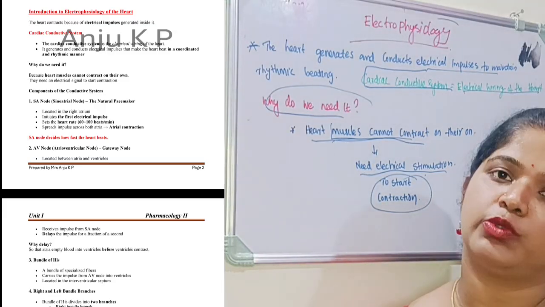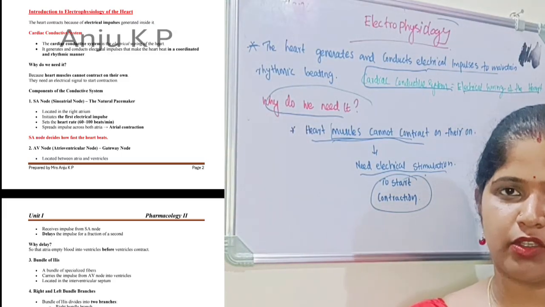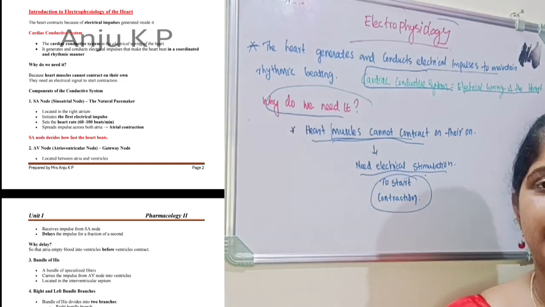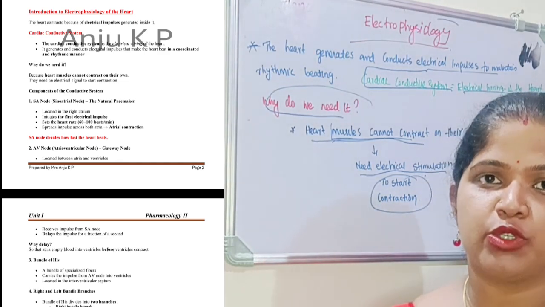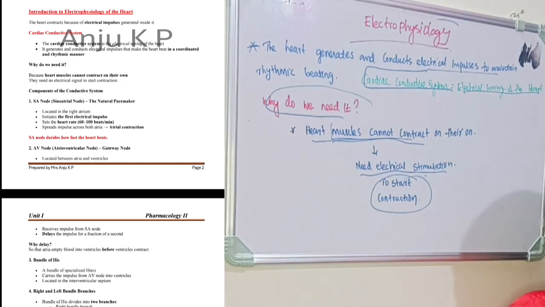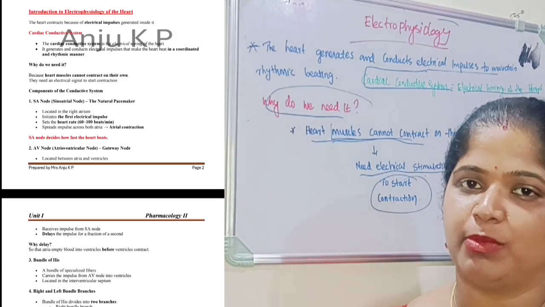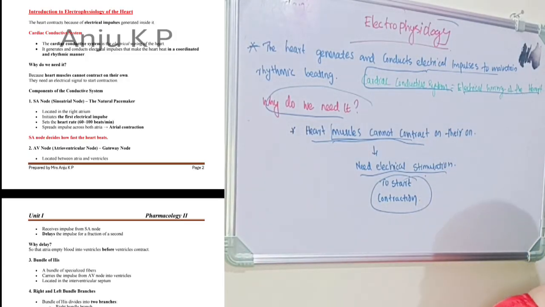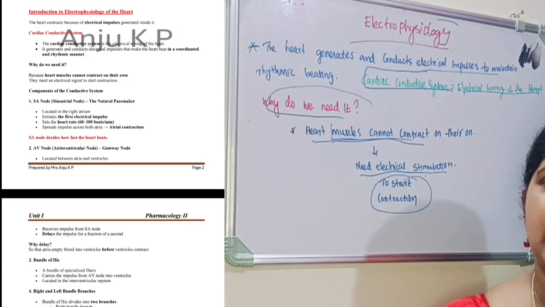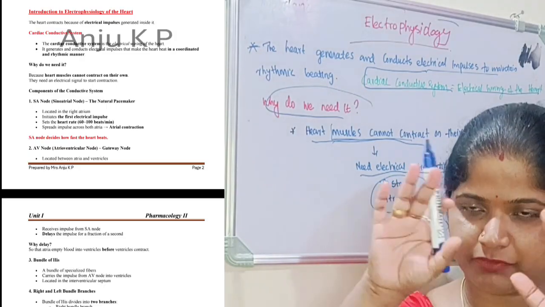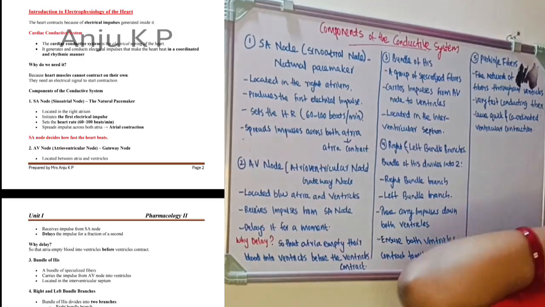The heart beats due to an electrical signal. That electrical signal will be sent to the muscle. The muscle will receive the electrical signal and it will contract, thereby we will get the heartbeat. This is how the cycle of heartbeat takes place.